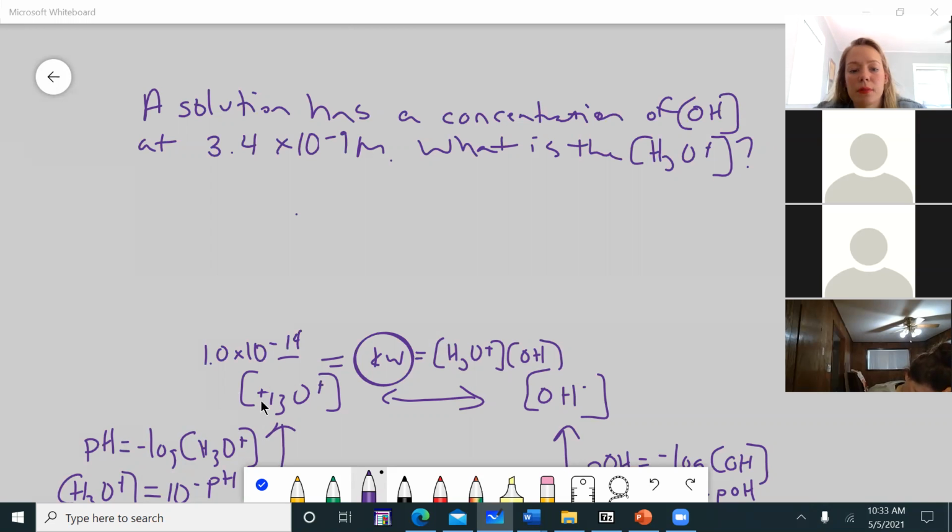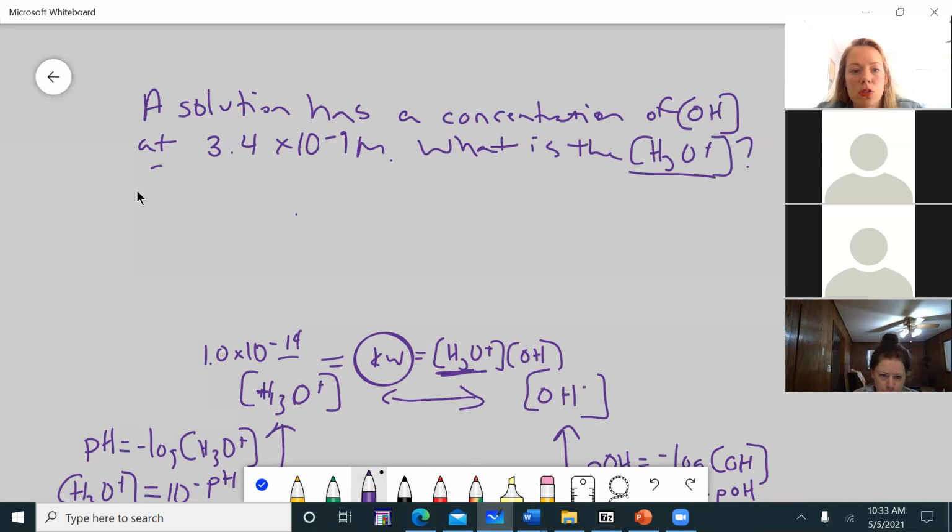Okay, so anytime you're going between the H3O plus concentration and the OH minus concentration or vice versa, you can use this simple equation. We want to find H3O plus, so let's move the OH to the other side.